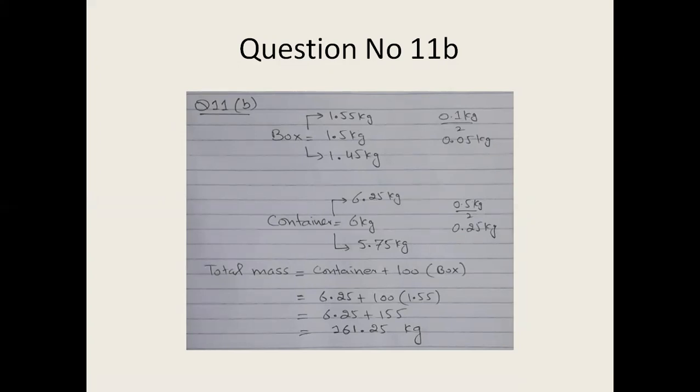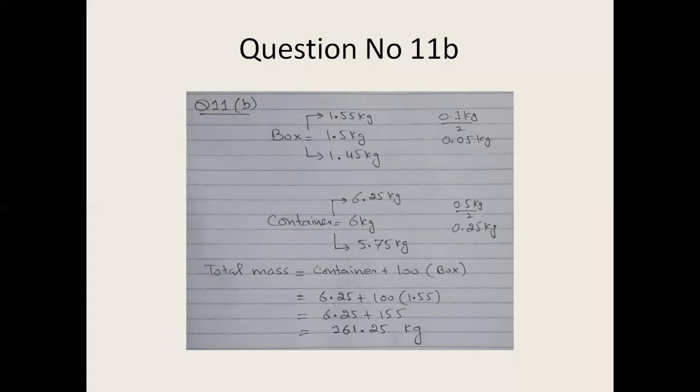If you add this number to the 1.5 kg, you get the upper bound of the box mass. And if you subtract this number, you get the lower bound. So 1.5 plus 0.05 gives you 1.55 kg. That's the upper bound. 1.5 minus 0.05 kg, you get 1.45 kg. That's the lower bound of the mass.